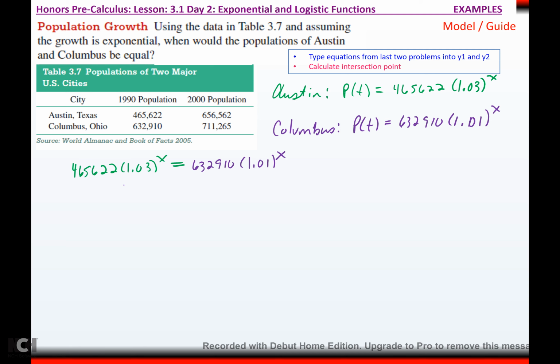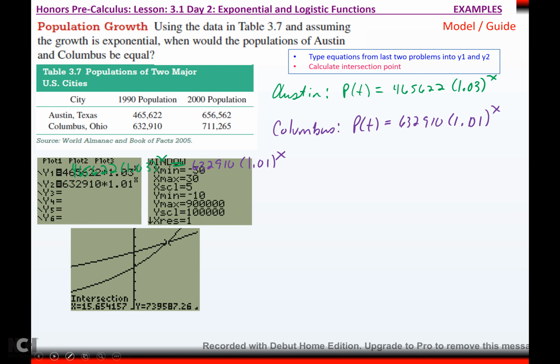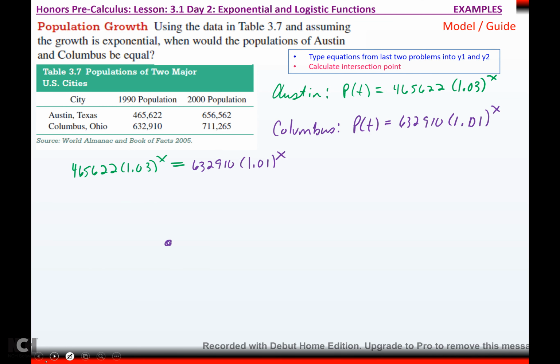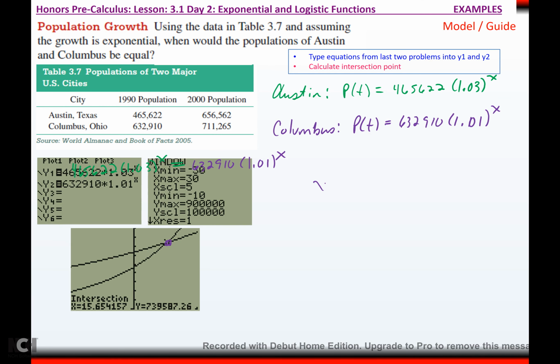So again, at this point, we don't have algebra tools, so we're going to use graphing technology. I type in Austin for Y1, Columbus for Y2, set my window to handle it, and then calculate the intersection point, which says when X is 15.7 and Y is 739,587.26.